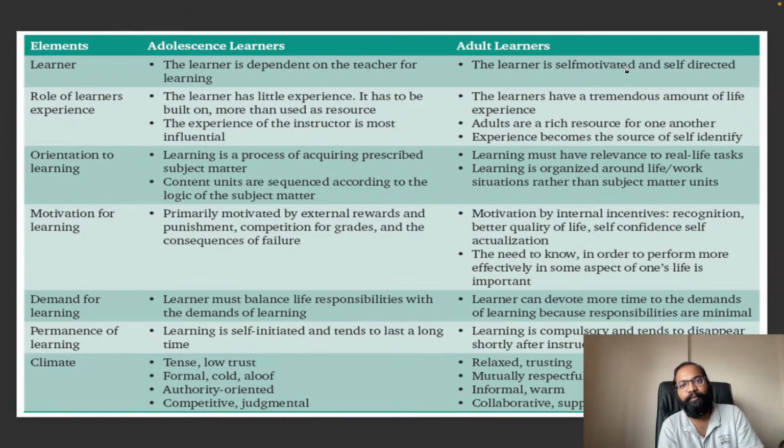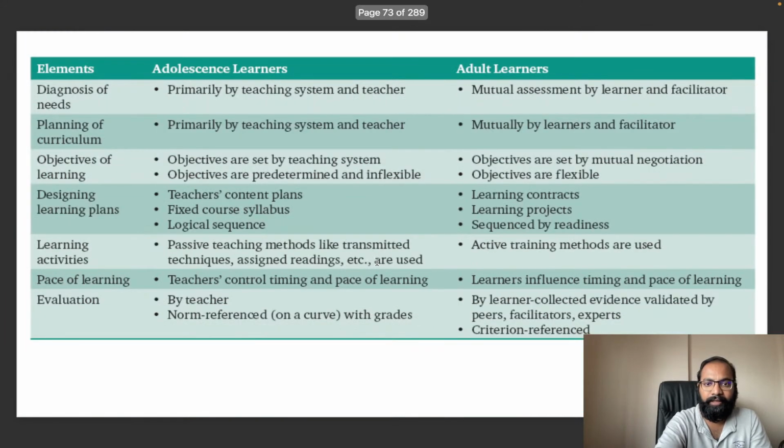Here the learner is self-motivated and self-directed. Coming to learner experience, here the learner has little experience, but here the learner has a tremendous amount of life experience. Like that, based upon a few elements, I kept a few differences here. So please go through all these things carefully.